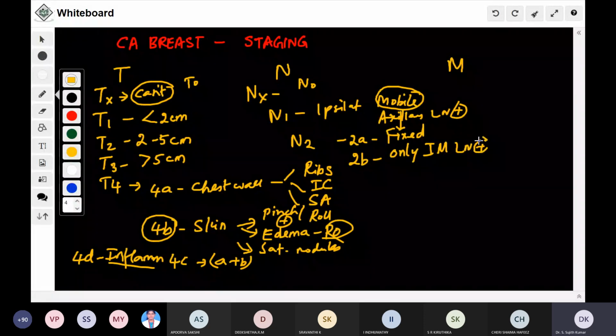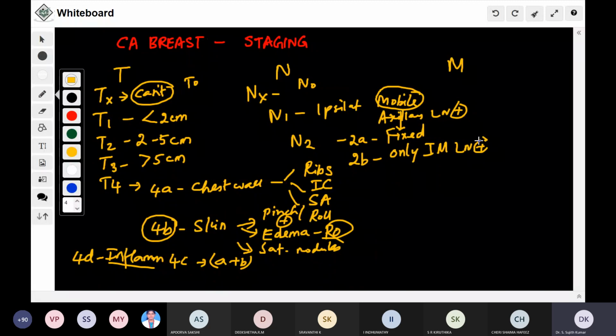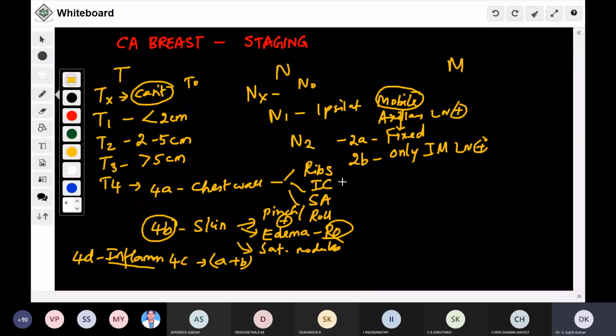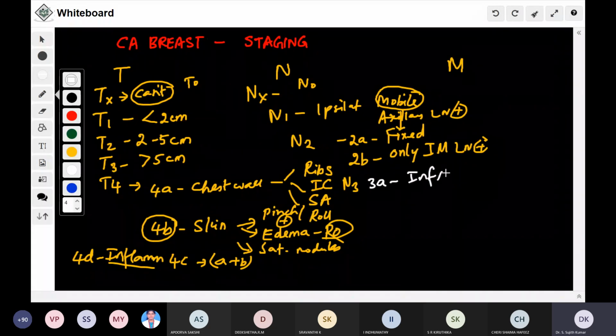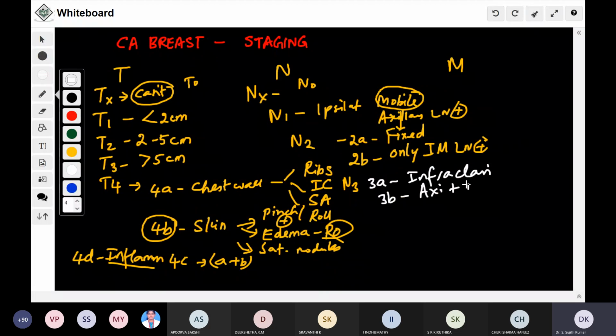Then comes N3, which has three stages: 3A, 3B, 3C. What is 3A? 3A means involvement of the ipsilateral infraclavicular nodes. 3B is a combination of axillary lymph node plus internal mammary lymph node.